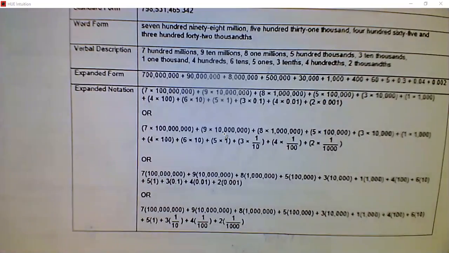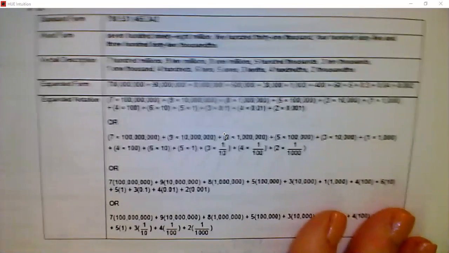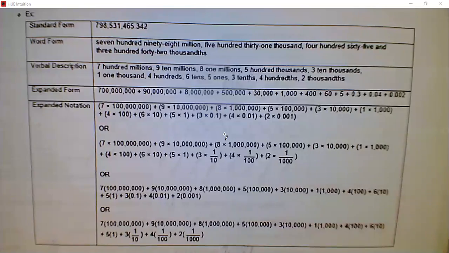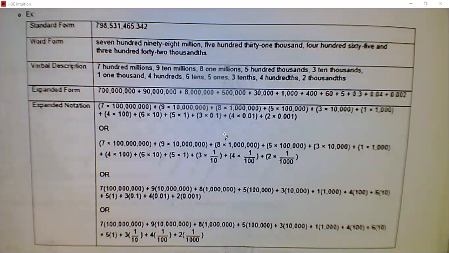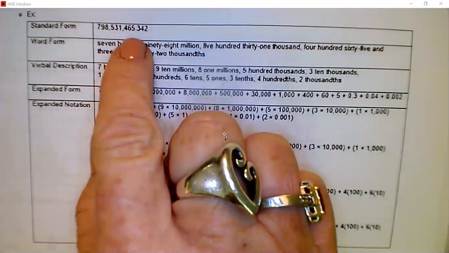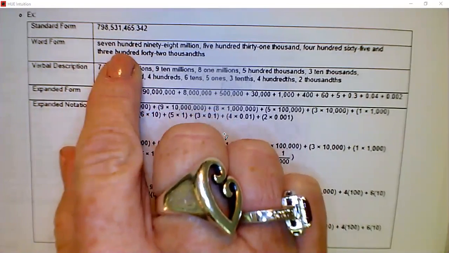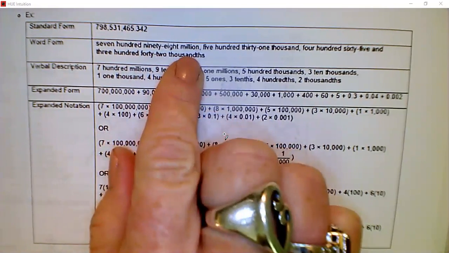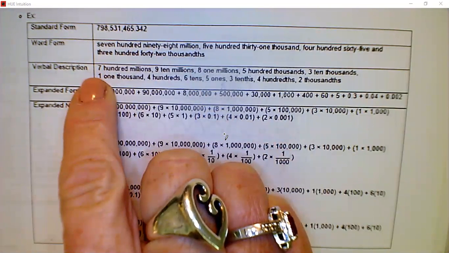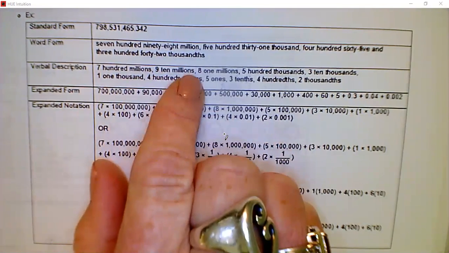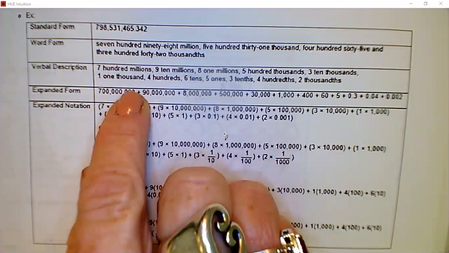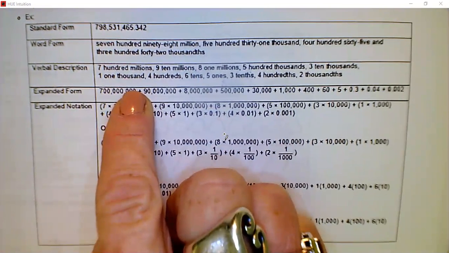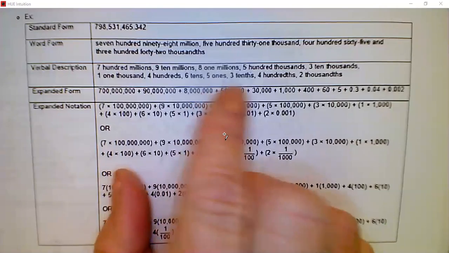On the back, all I did was give you another example of what we went through in the journal with the place value chart. So you've got the standard form of a number with a decimal, the word form, which is when every single word is written out, even the numbers, the verbal description, which she gave us as written form, 700 millions, 910 millions, etc. You've got your expanded form. Remember that expanded form is only if the digits are in order by place value.